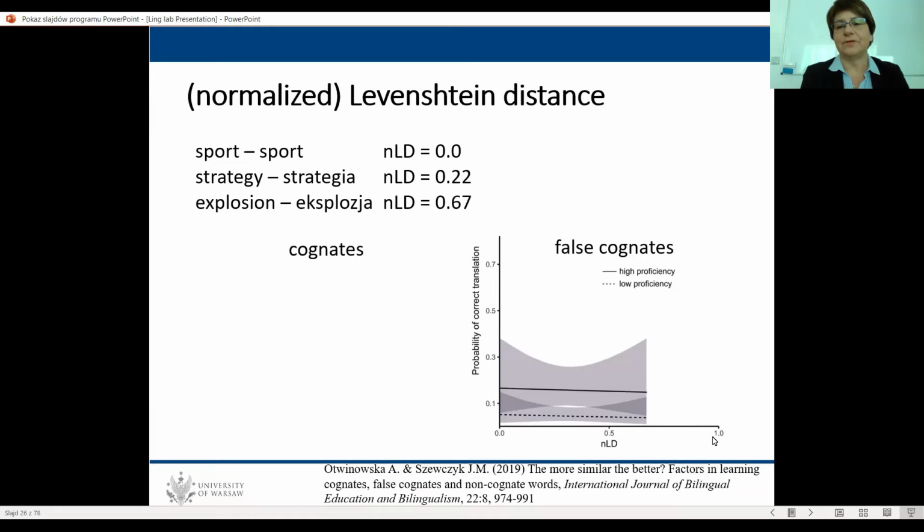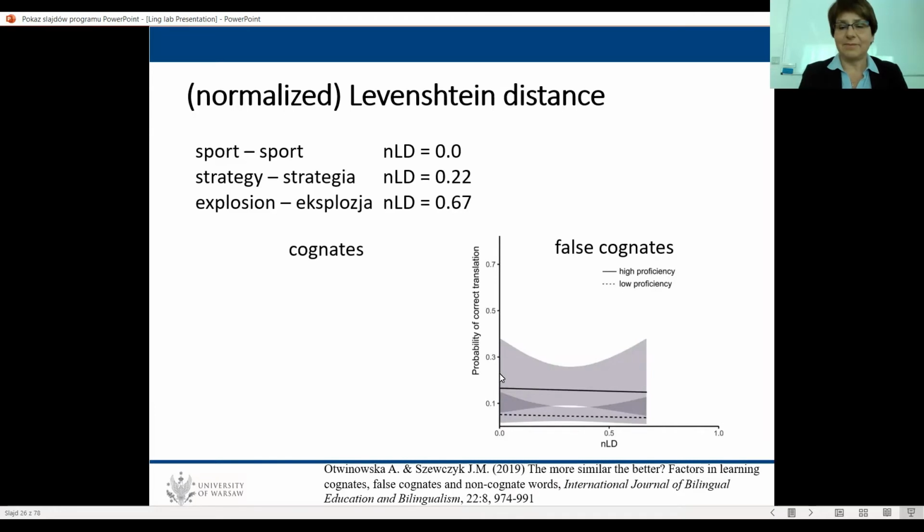At the bottom on the x-axis you can see the growing Levenshtein distance, and here you can see the probability of translation. The solid line is high proficiency learners. The dotted line is low proficiency learners. As you can see, low proficiency learners are just equally bad in translating false cognates of different Levenshtein distance, and high proficiency learners are just better.